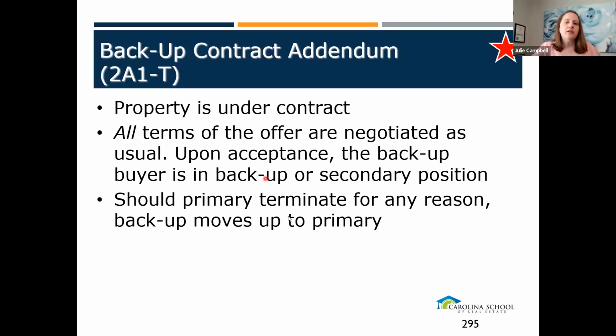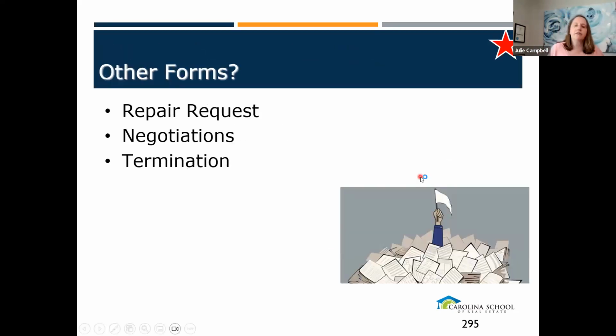As I mentioned, these forms that we just went over aren't the only forms that we have. We do have an official repair request. So if the seller does agree to do any repairs, I got a form for that. We got forms to aid in our negotiations. So for example, we have a form that's called Response to Buyer's Offer.